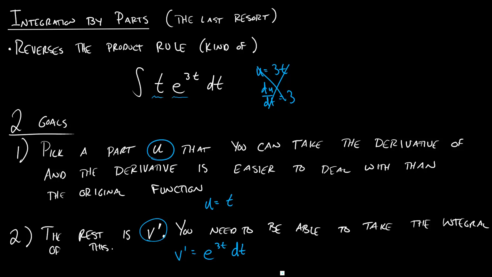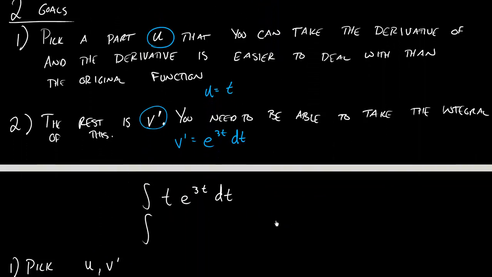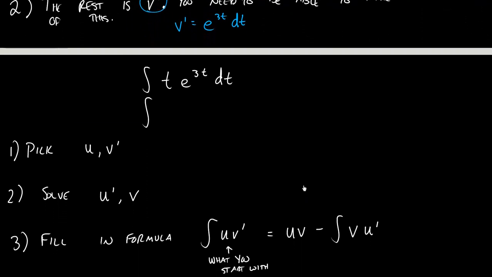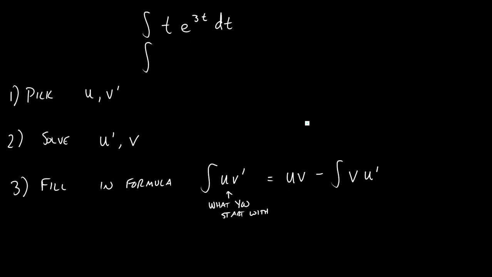So now that we've gone through this part, let's see where this is going to get us. It's just a very mechanical process, and hopefully we'll become proficient at doing it. So we've picked out our u, we've picked out our v prime, and I'm going to write those down. So u is equal to t, and v prime is equal to e to the 3t dt. Now we need to solve for u prime and v.